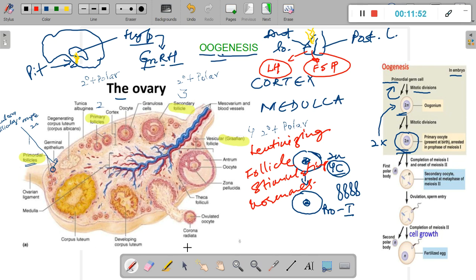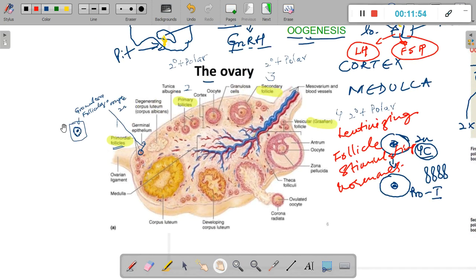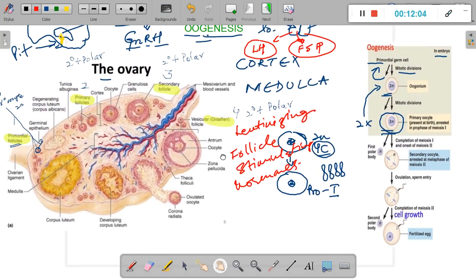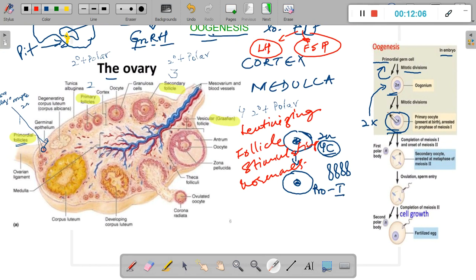I hope you remember when I drew the follicular cells for you, the granulosa cells. Here we have the follicular cells and the granulosa cells. These are the targets for the luteinizing hormone and the follicle stimulating hormone. Now, upon reception of these hormones, the primary oocyte, which was arrested in prophase 1, you remember?